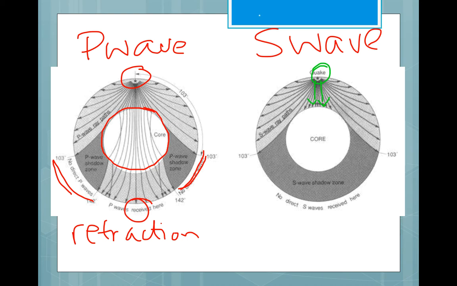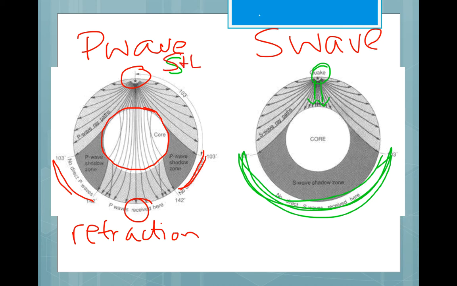They can't go through liquids. So they stop, and you get this large area where there are no S waves. Again, P waves go through solids and liquids. S waves only go through solids.